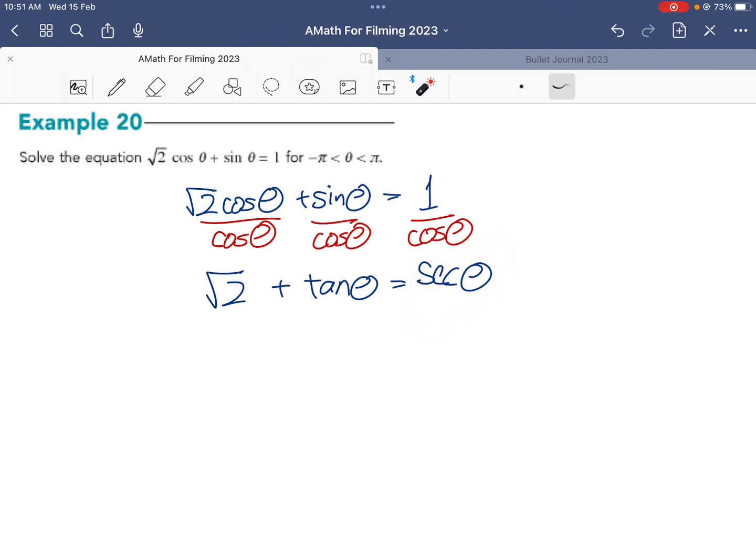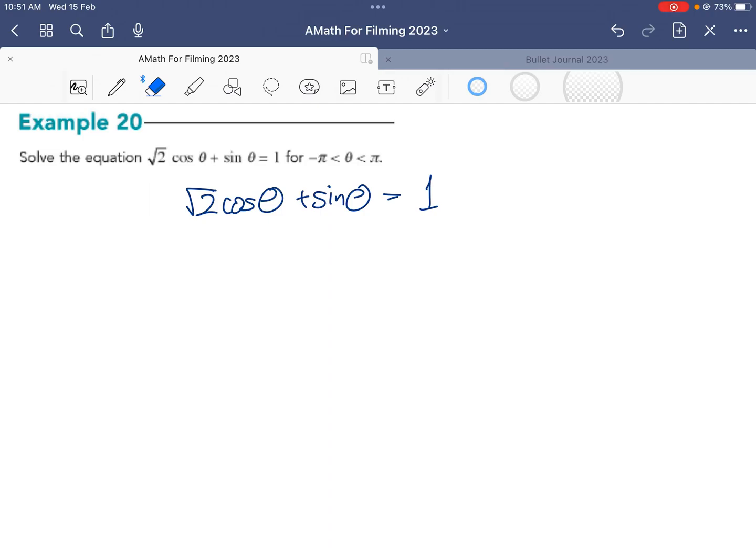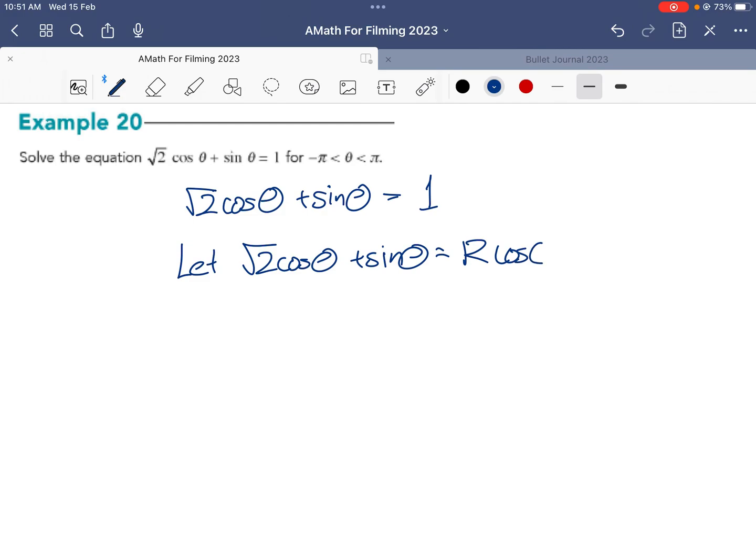In cases like this, when dividing by cosine theta does not help, why don't I apply the R formula to this and this? Let square root 2 cosine theta plus sine theta equal R cosine(theta minus alpha).